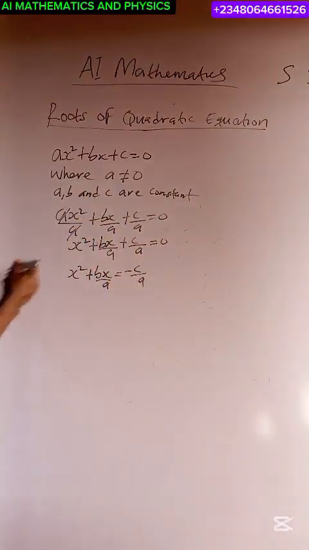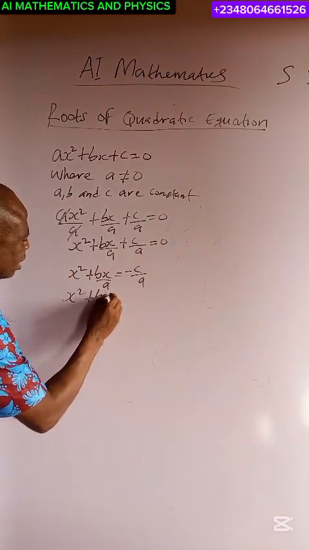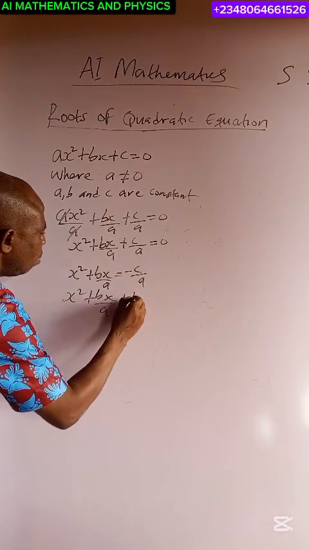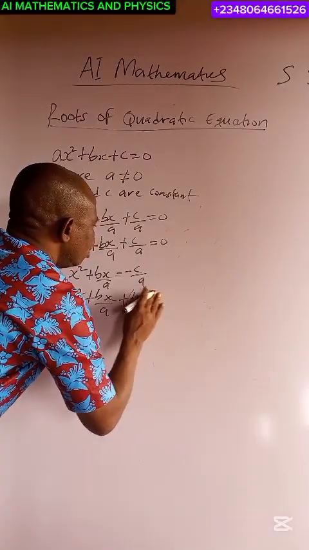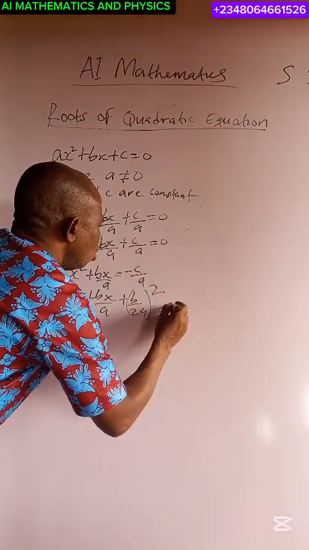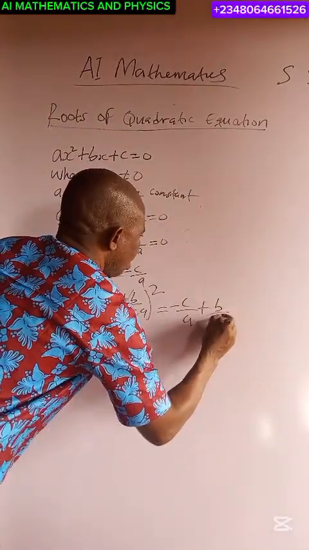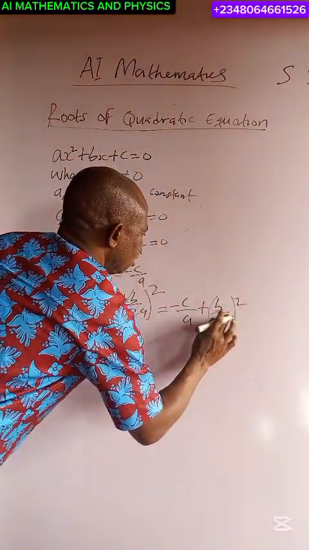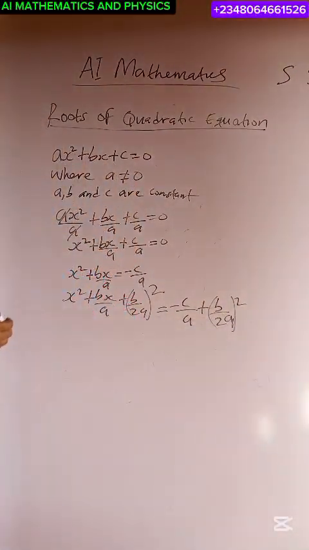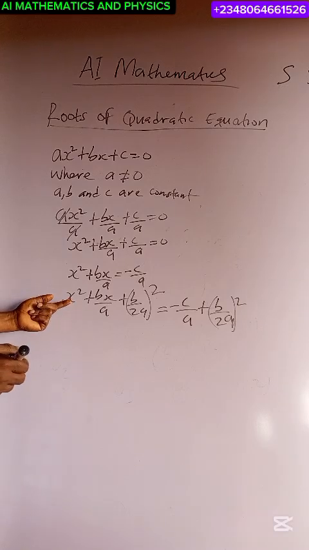We now have it this way: x squared plus bx over a plus b over 2a, squared, equal to minus c over a plus b over 2a, squared. Now, just take x here.